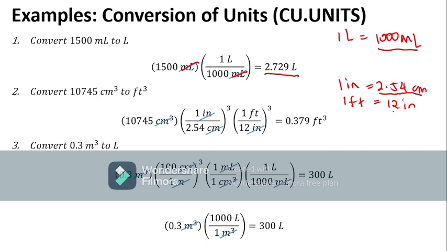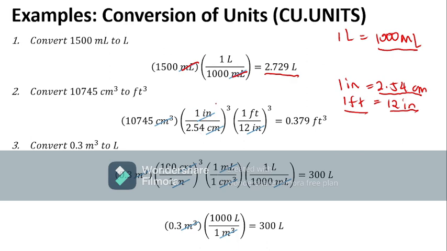So, yung 12 inch nasa denominator, yung 1 foot nasa numerator. Since naka-position na yung mga units natin, gawin natin, i-raise to 3 natin siya kasi yung original natin na given, naka-raise to 3, cubic unit. So, yung buong to naka-cubic unit din. Magkakaroon ka ng 1 raised to 3, inch raised to 3, 2.54 raised to 3, centimeter raised to 3.